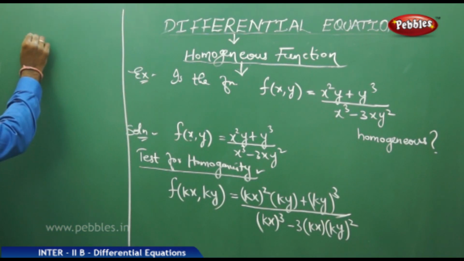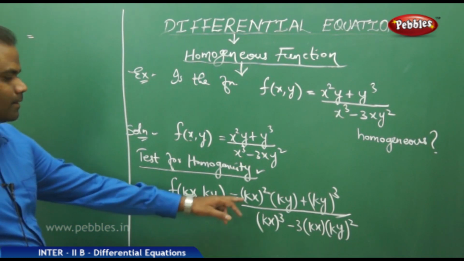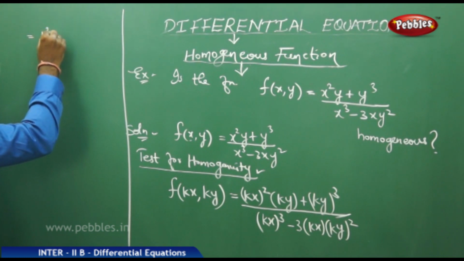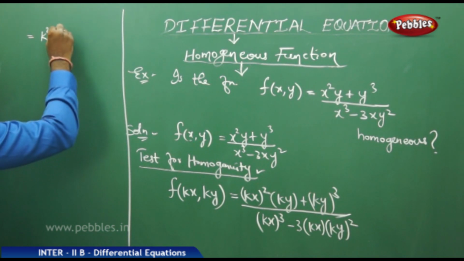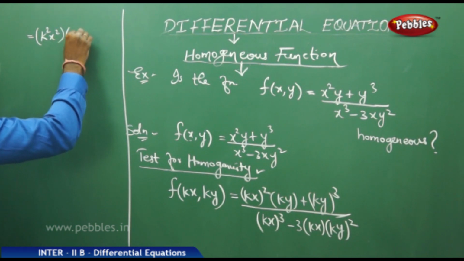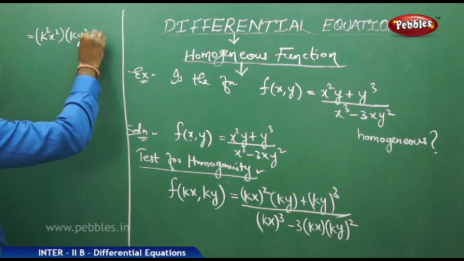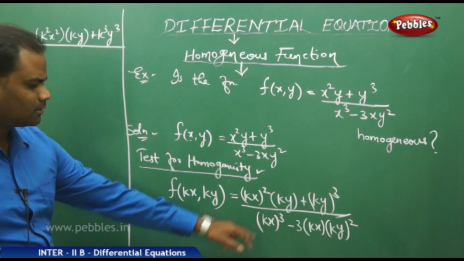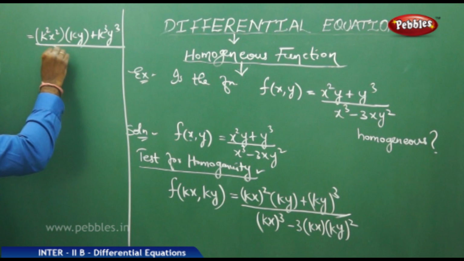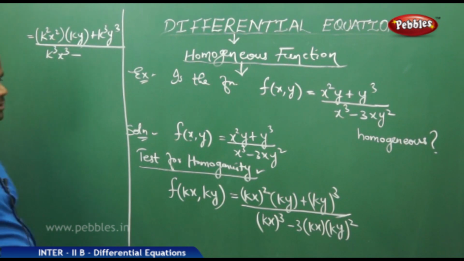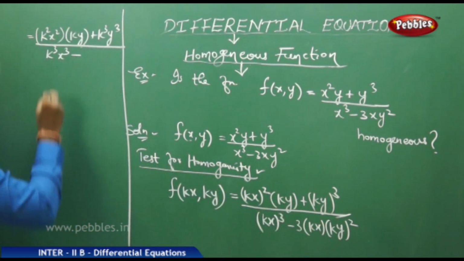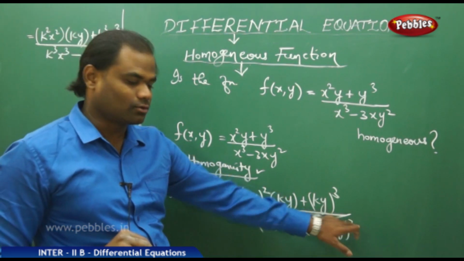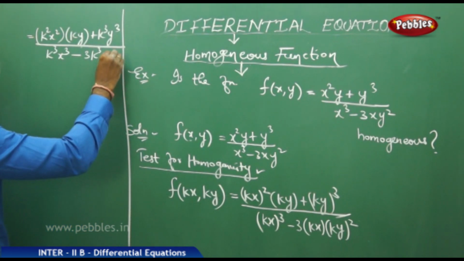Now simplifying this further, I get k square x square times ky plus k cube y cube, whole by k cube x cube minus 3 times of k cube, since k times k square is k cube, and x y square.